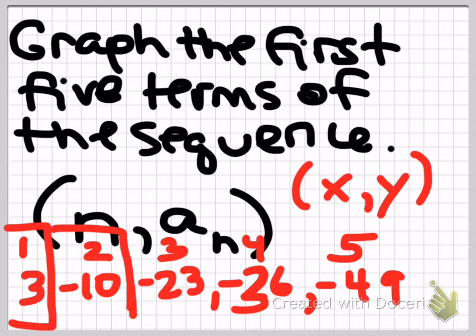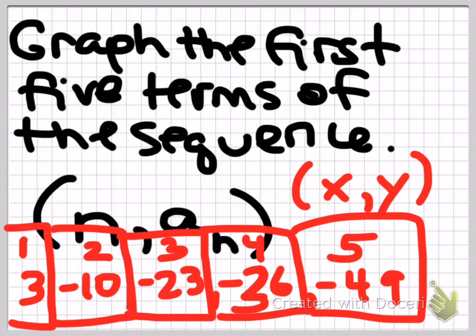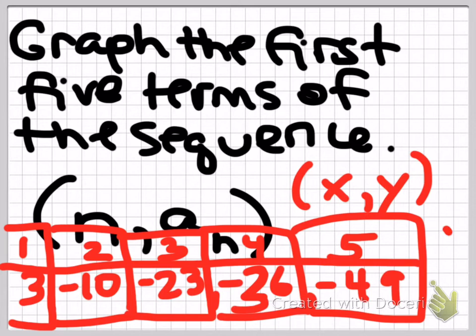We have 2, comma, negative 10. We have 3, comma, negative 23. 4, comma, negative 36, and 5, negative 49. And we can actually make a table out of this. So these are our x's technically, and these are our y's.